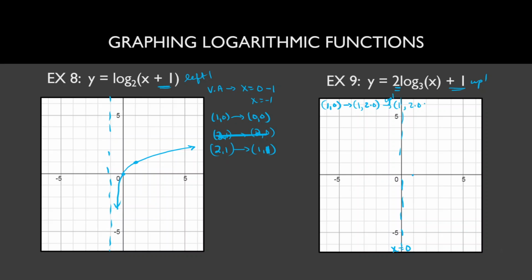So now I have 2 times 0 plus 1, so I actually end up at the point 1, 1. Since the base is 3, we would normally have the point 3, 1. So that's going to go to 3, 2, because I multiply by 2, and then I'm going to move up 1, so now I'm at 3, 3. And I'm going to go down towards the asymptote and out through that point. Notice this one just gets a little steeper because of that multiplier by 2.